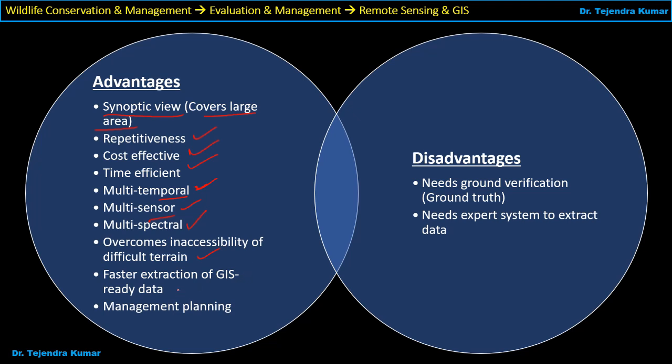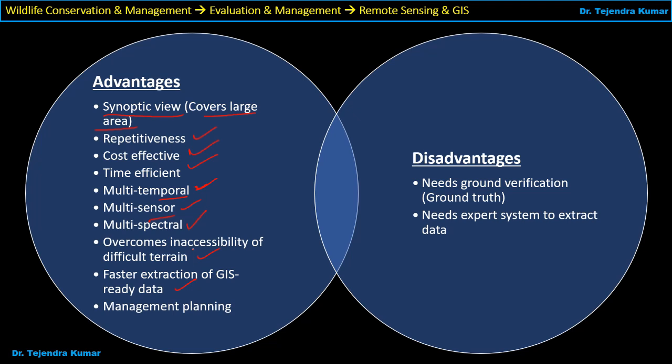Faster extraction of GIS-ready data, because once the data is given to the GIS, GIS does all the interpretations and analysis. So this data is collected one time and available many times. Whenever we want, data is available. So faster extraction can be done.